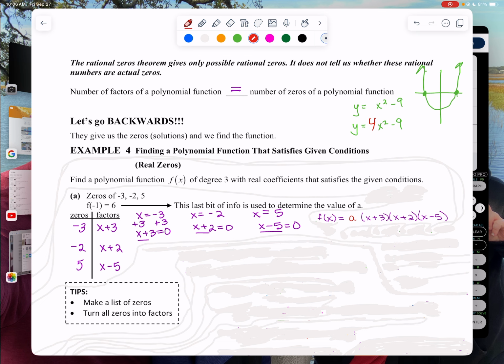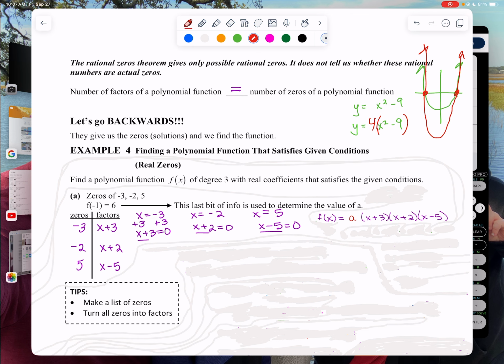If you plug it in your calculator, it's going to be really stretched, but it's still going to cross at -3 and +3. So when you put that number in front, remember all it does is stretch it. It doesn't change the answer.